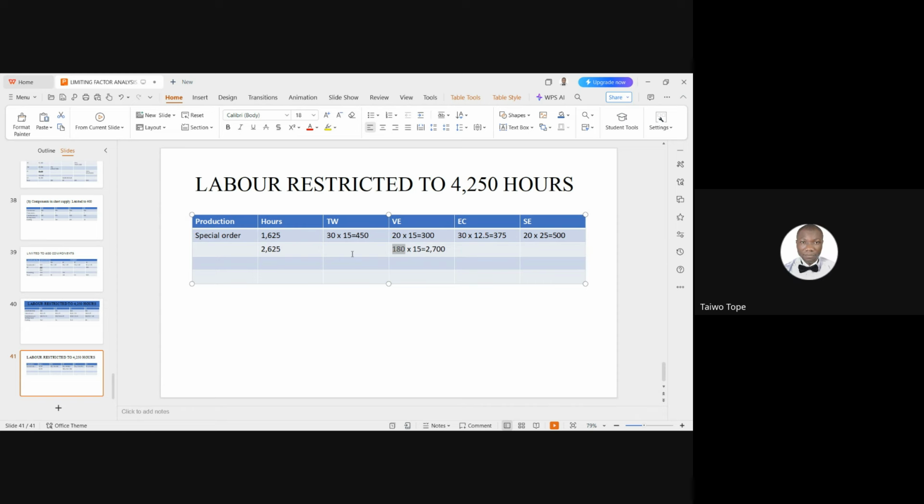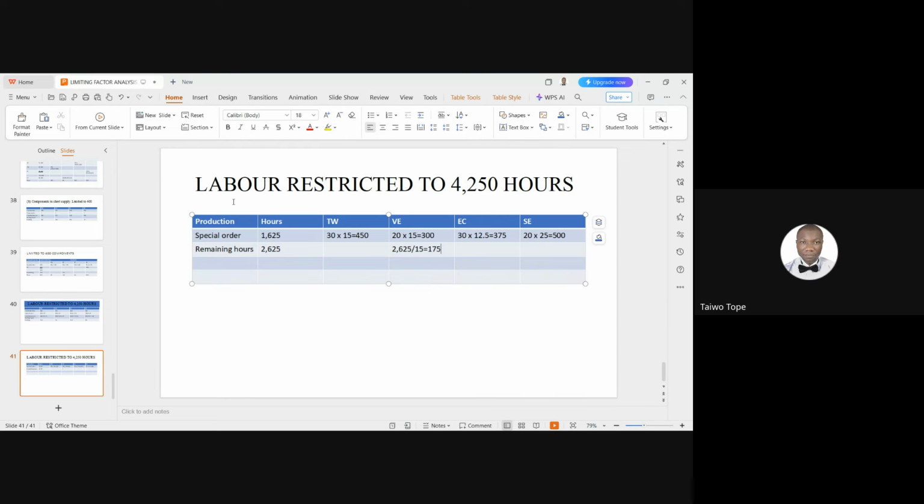So what will now happen? Divide it by 15. Very good, that is the concept. 2,625 divided by 15 gives 175.